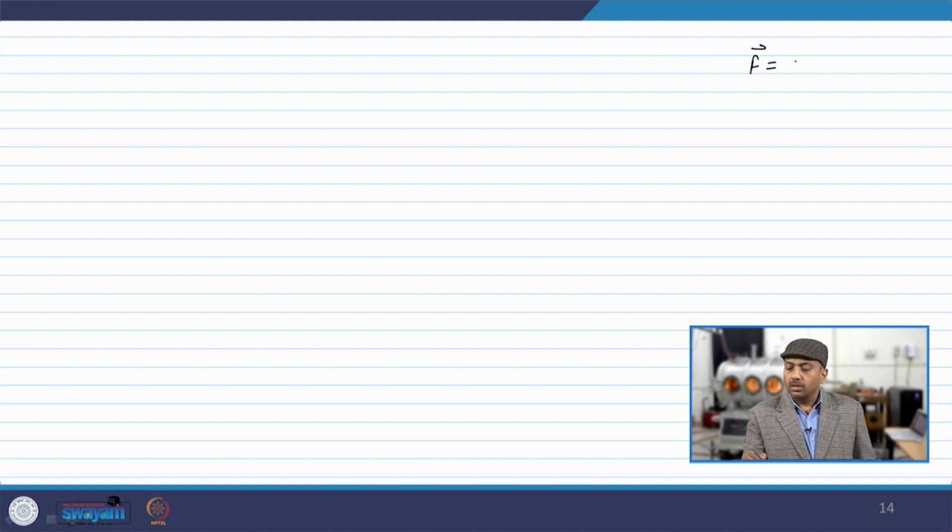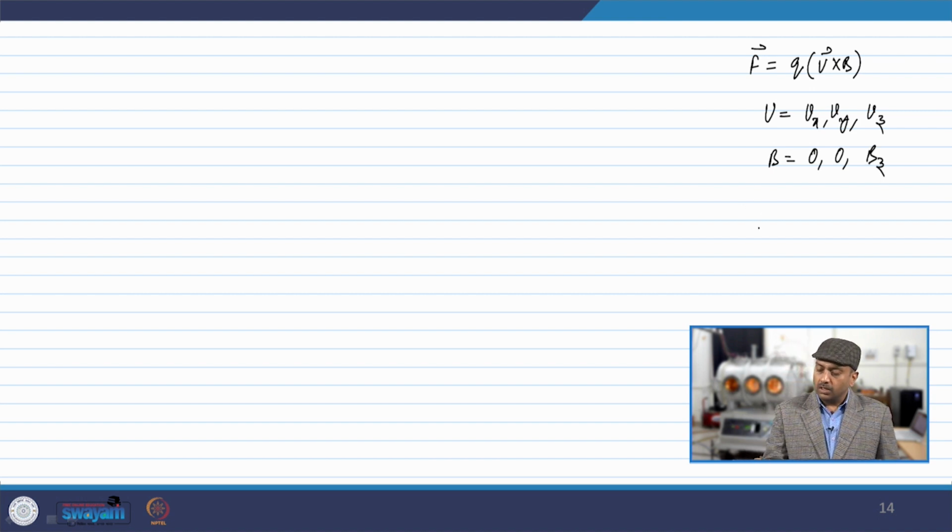If we have such a configuration, the force F is q times v cross b, right. So, v is vx, vy, vz and b is 0, 0, Bz. V cross b is the determinant of i, j, k, vx, vy, vz, 0, 0, Bz.